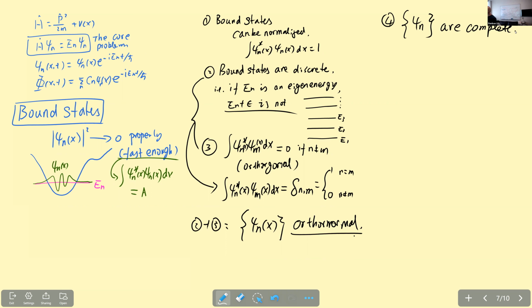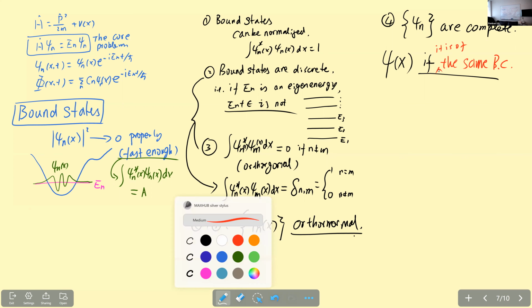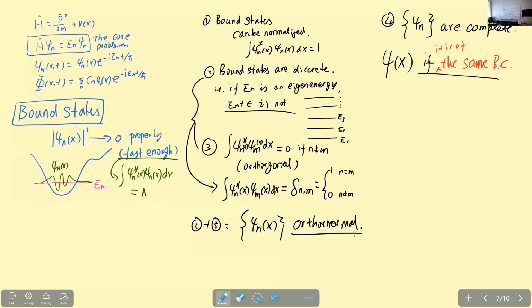What does this mean? That means any function ψ(x), and this is important, if it has the same boundary conditions as these eigenstates, only with this condition, and if it's not this condition, you cannot do this, can be expanded as a sum over ψ_m.